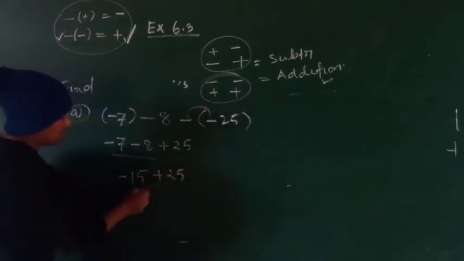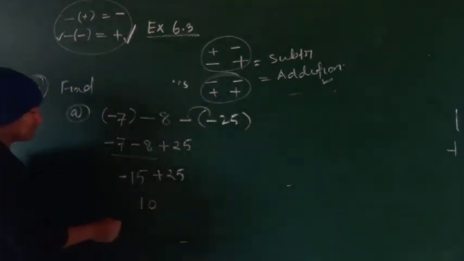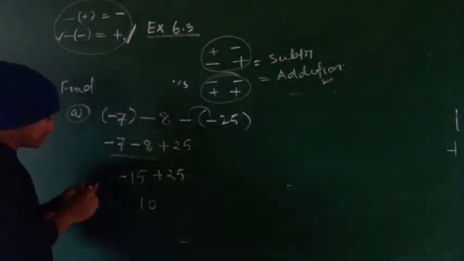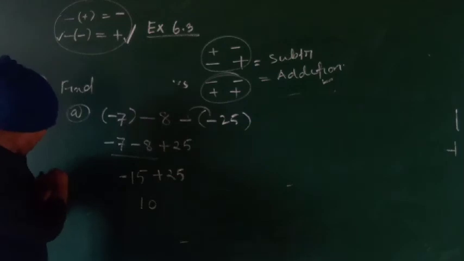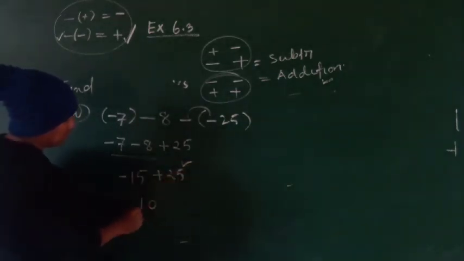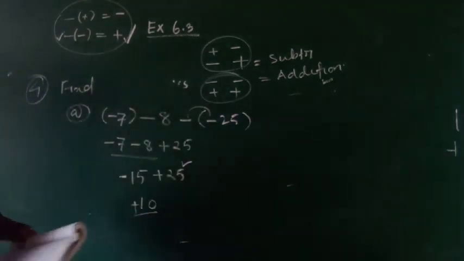So if you subtract 15 from 25, you will get 10. And what will be the sign? The sign will be given by the greater number. That is 25, which is greater, so the sign will be positive. Clear? You already know this one.